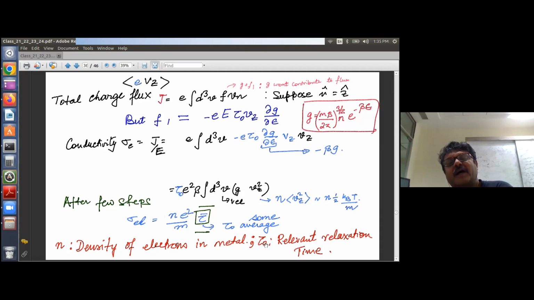right? And so this is the so-called Drude model, and if you use this, you get an estimate of the electrical conductivity.